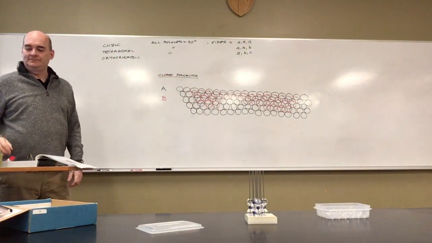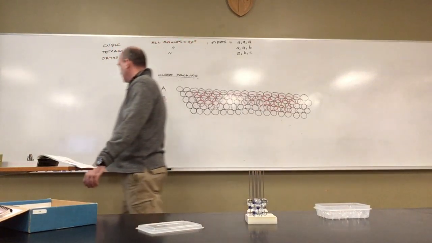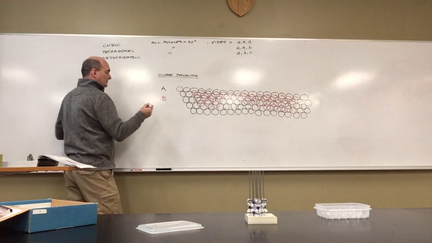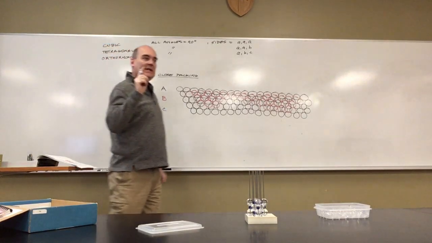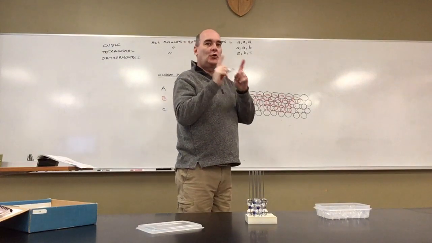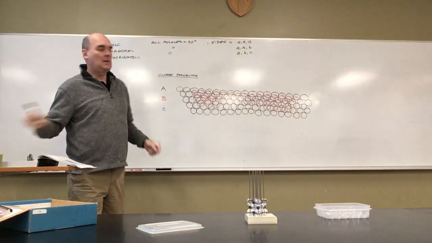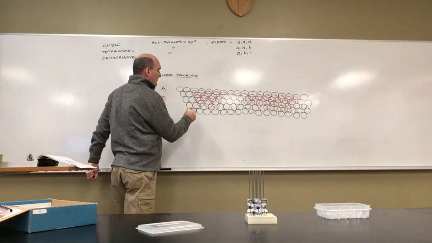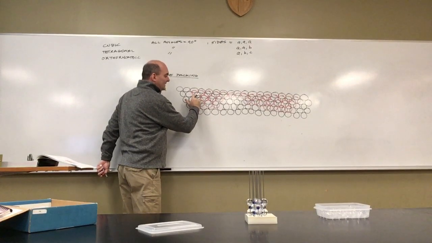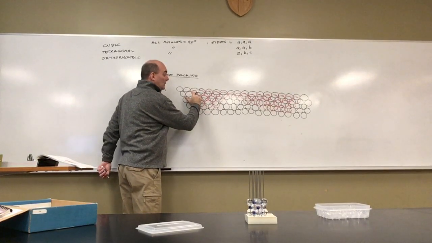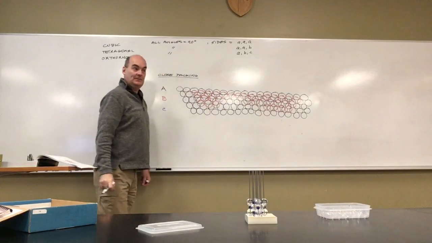That's layer B. Here comes layer C. Layer C has 2 choices. So layer C has to sit in the dimple of the red spheres.